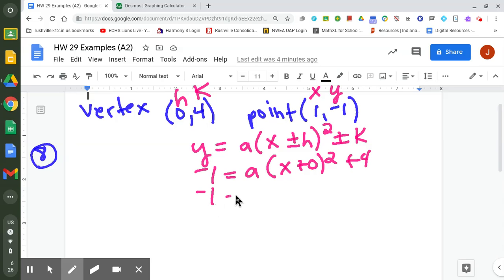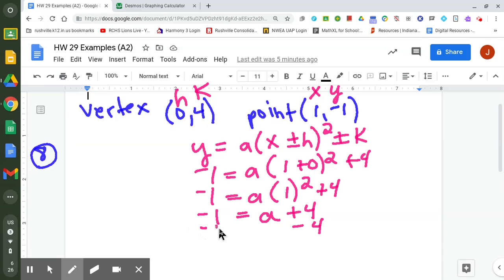So negative 1 equals, oh, I should have put something in for that x. Let me erase that. Okay, that should have been a 1. Sorry about that. So a times 1 squared plus 4. So negative 1 equals a plus 4. Then I'm going to subtract 4 on both sides. So I have negative 5 equals a.